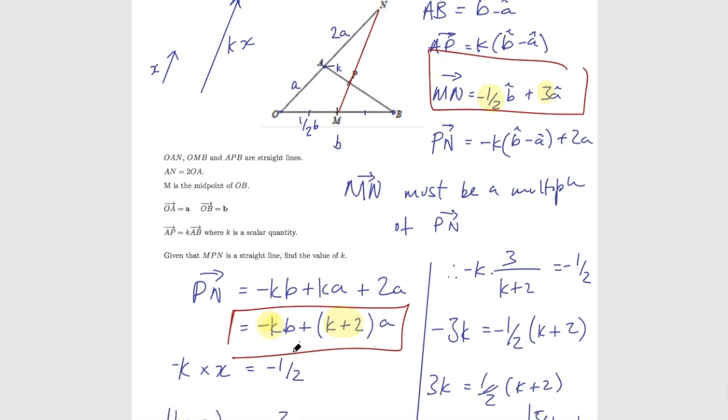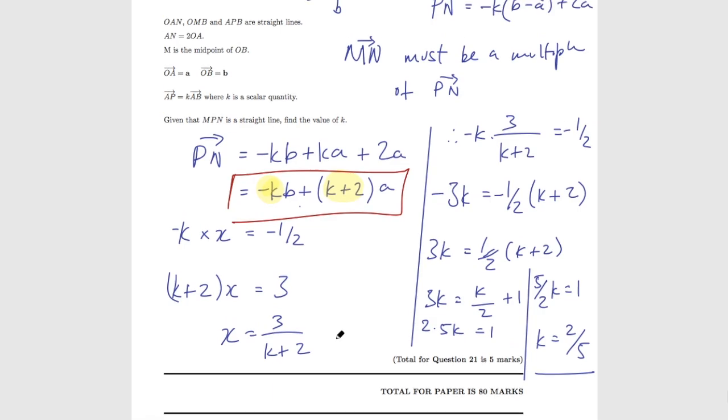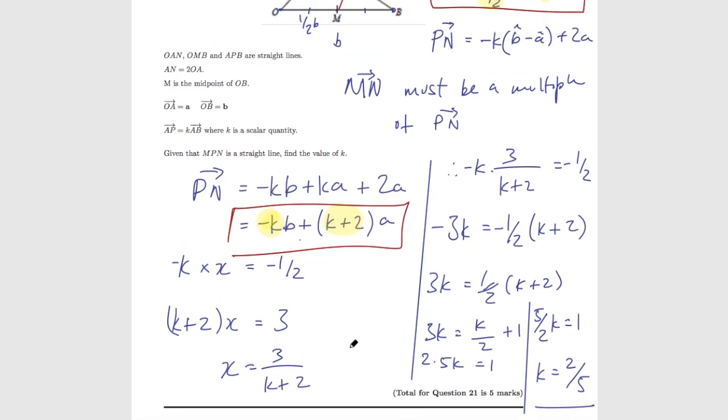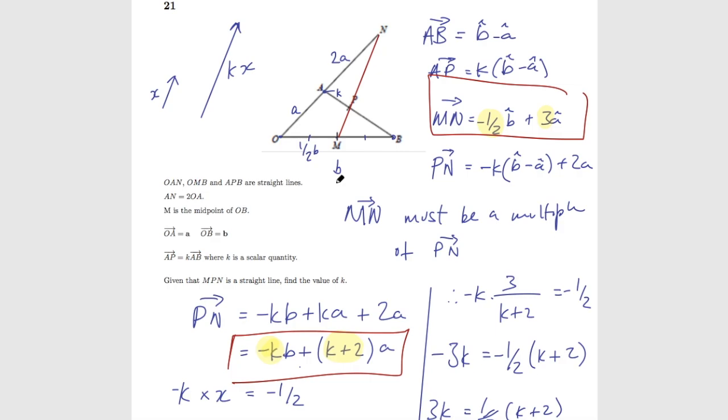What that gave me was a set of simultaneous equations which I could solve for k. Let me just say that out of the 6 exams from 2017 I have reviewed so far, this was probably the hardest one. And question 21 is probably one of the hardest questions in the 6 exams.